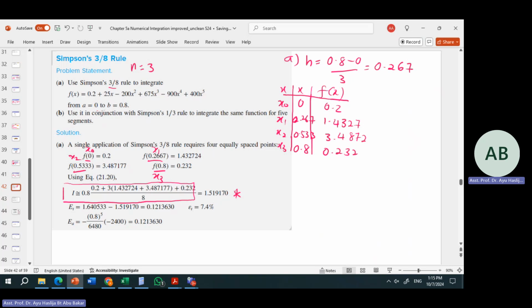You will get this value. H 0.267 is 0.801. That okay? Acceptable.